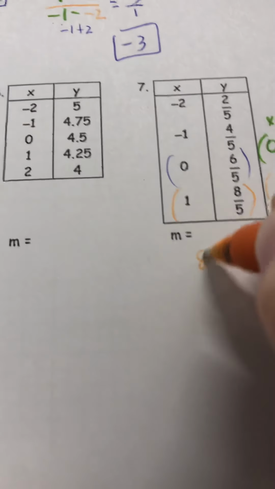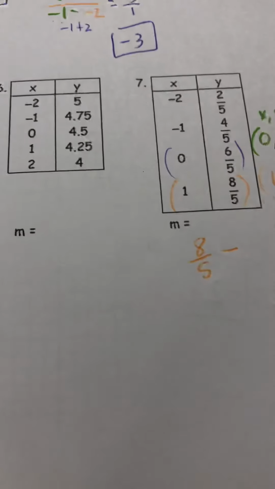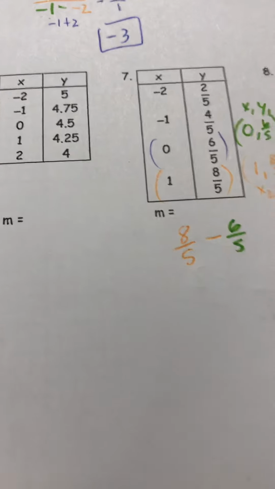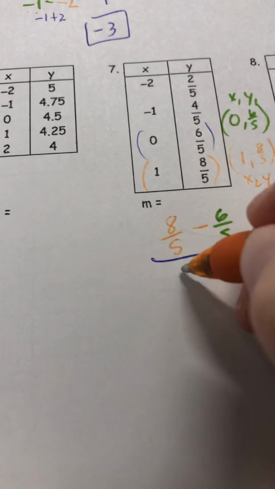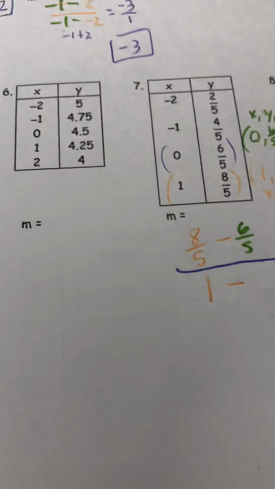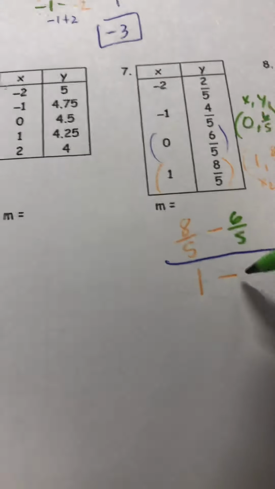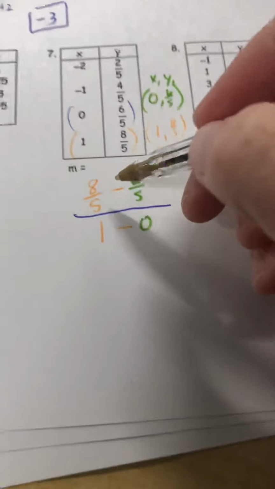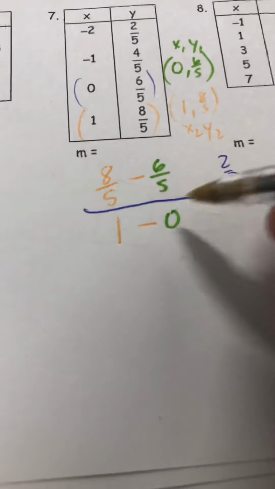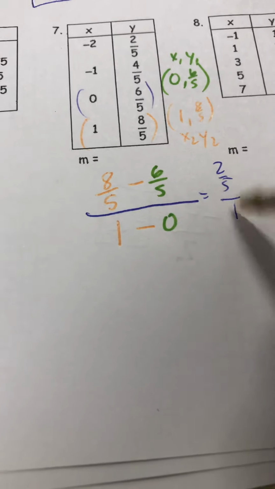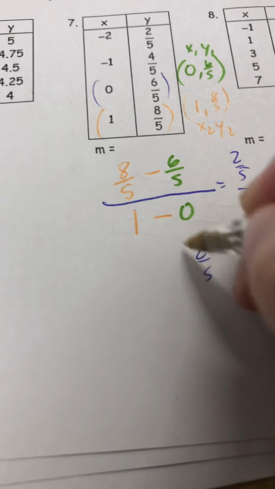So I'm going to do 8/5 minus 6/5 over my x2, which is 1, minus my x1, which is 0. So 8/5 minus 6/5 is 2/5, and 1 minus 0 is 1. Anything divided by 1 is itself. 2/5.